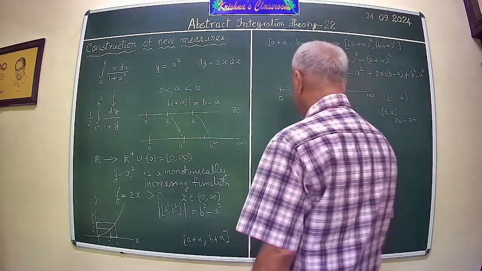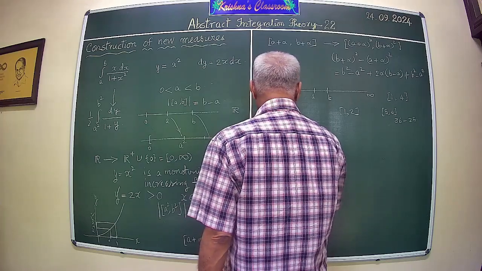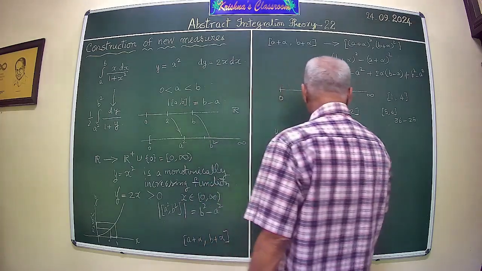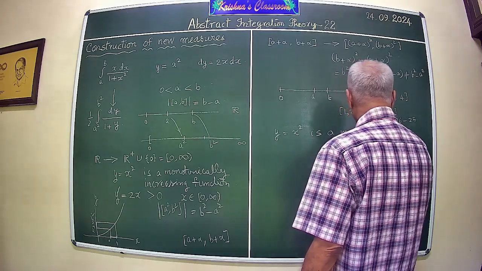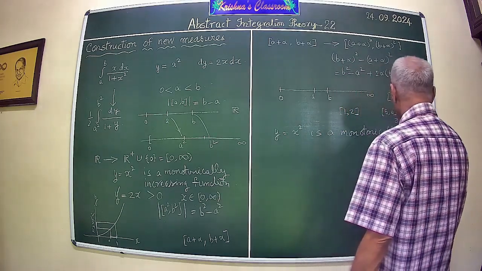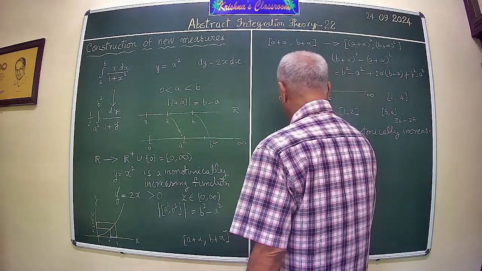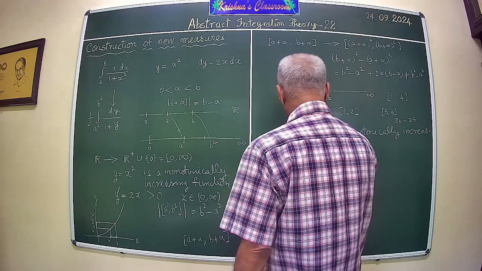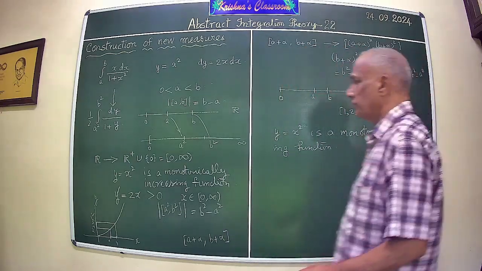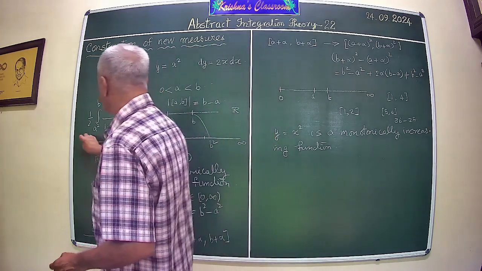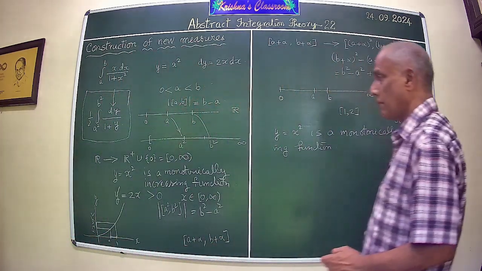So here you see that you have introduced y equal to x square, a monotonically increasing function, which essentially facilitates the transformation of the interval of the integral into this.